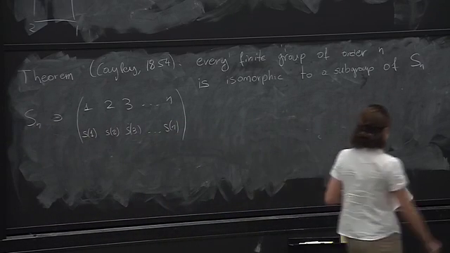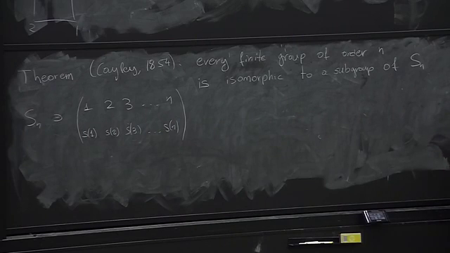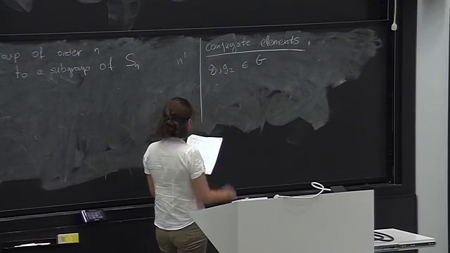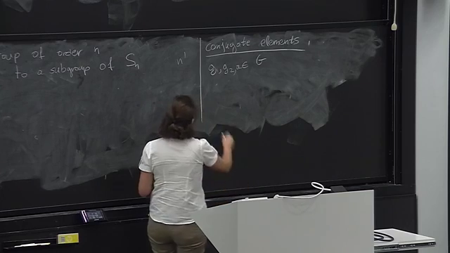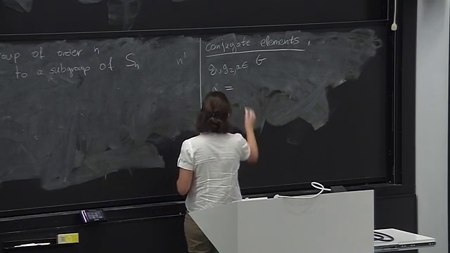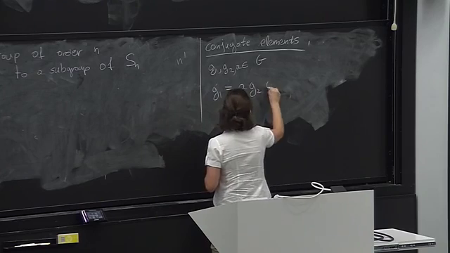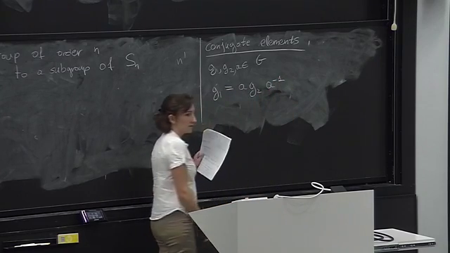Let me define what conjugate elements are. So if we take 2 elements of a group, and we can find a third element of the group, let's call it A, such that G1 can be written A, G2, A inverse.